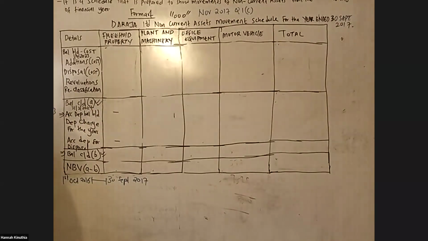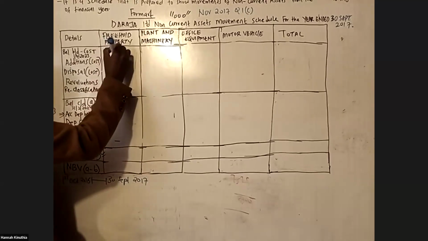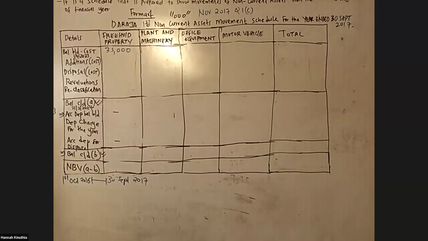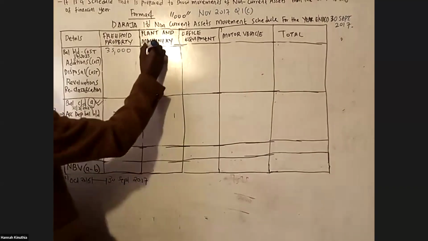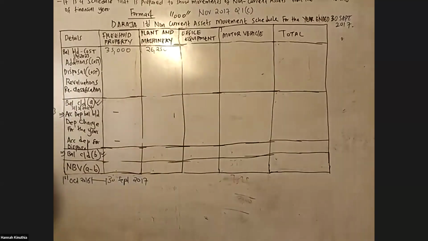Now let's put the information as it is in terms of cost. We pick cost only. Freehold is 35,000. Plant and machinery is 26,250.